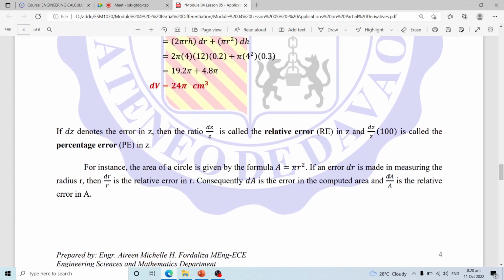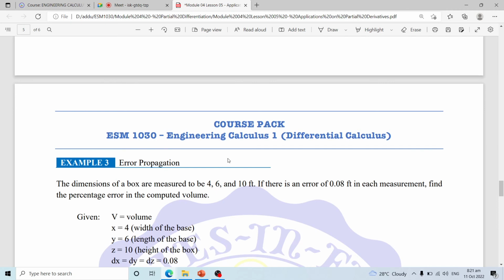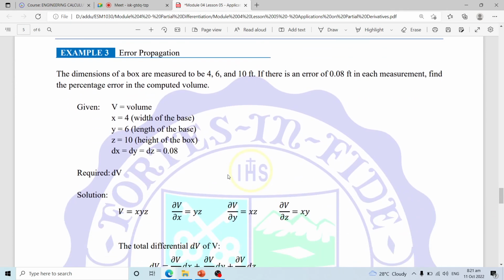It's either dA over A or dr over r. Okay, if you go back to module 3, it's actually the same formula for relative error and percentage error. So percentage error is just times 100. Then relative error is as is, dz over z, like that, or dA over A. So, okay.